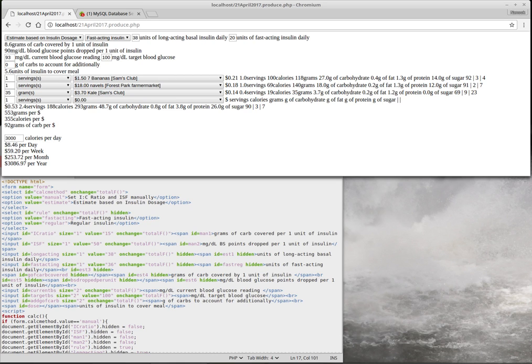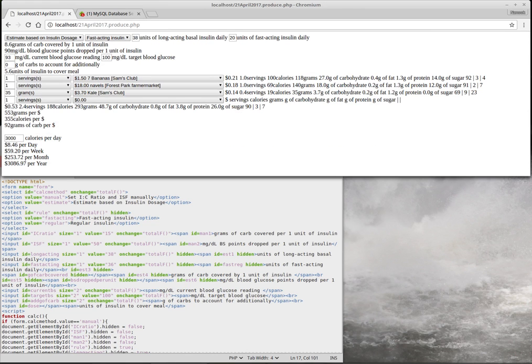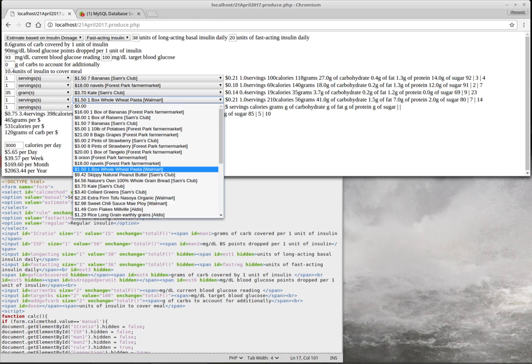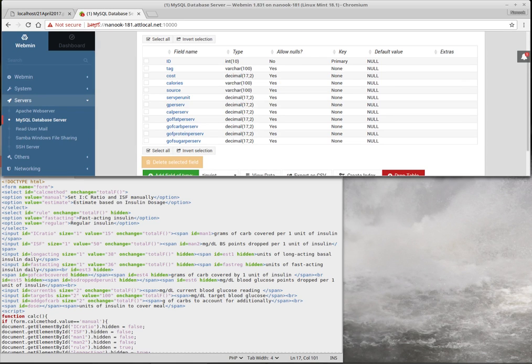So it's all of the selections within these. The selections are from a database, within the MySQL database, and I use Webmin to enter the data.